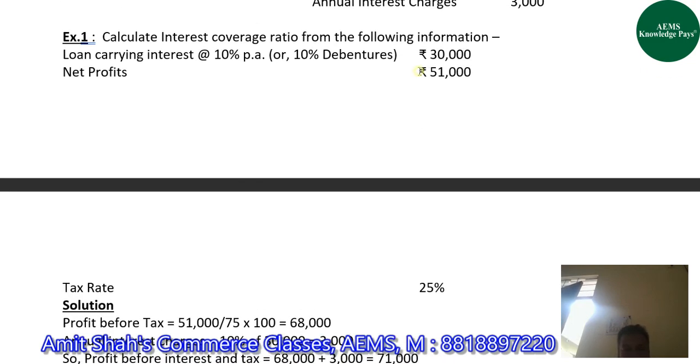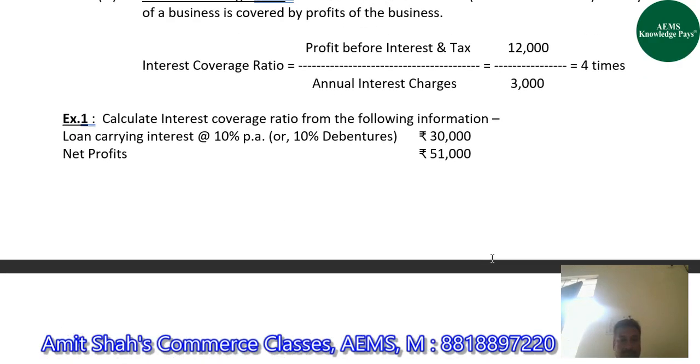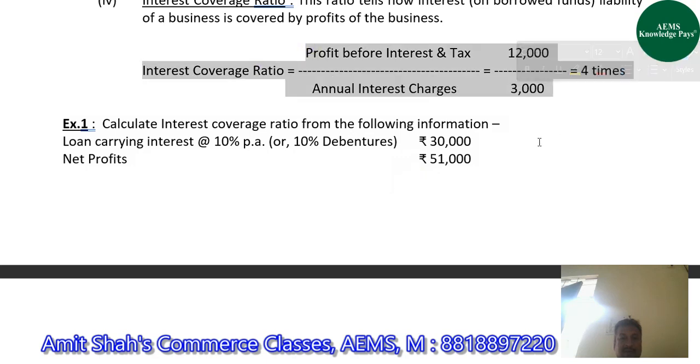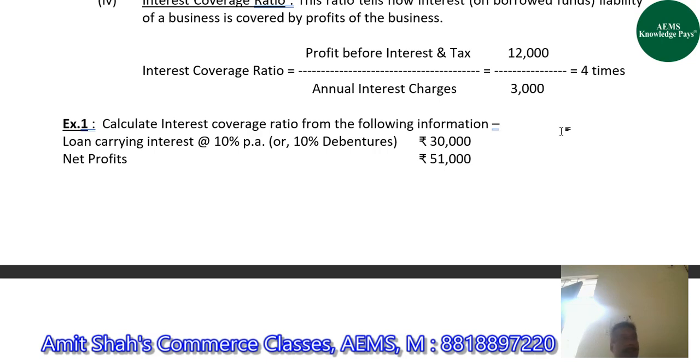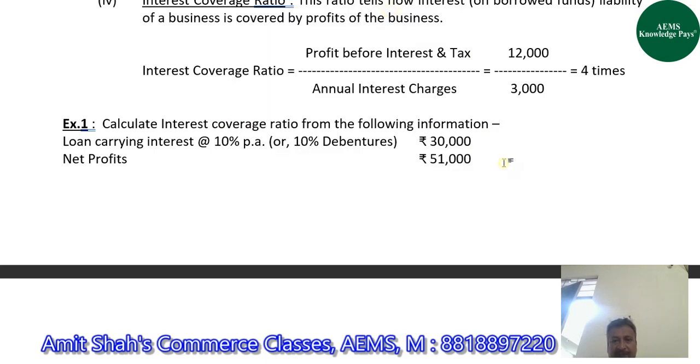Note down this, guys. I hope you all have corrected this net profits amount, 51,000. Okay. Start noting it down from here, guys. You all have noted down it till here, right? This you have noted down. Tahir and Ahmadullah, just give us 5 minutes.